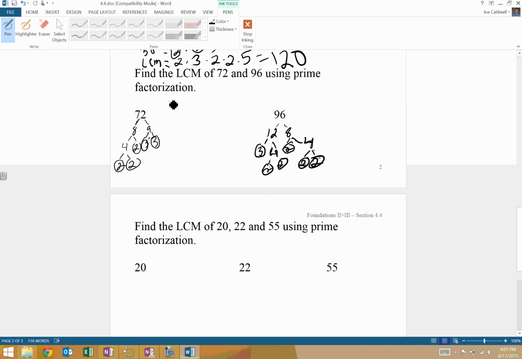All right, so now I have 72 and 96. Again, you're thinking of the first number both of those are going to go into, so this is going to be a pretty big number. Here I have 1, 2, 3, 4, 5 2's and 1 3.